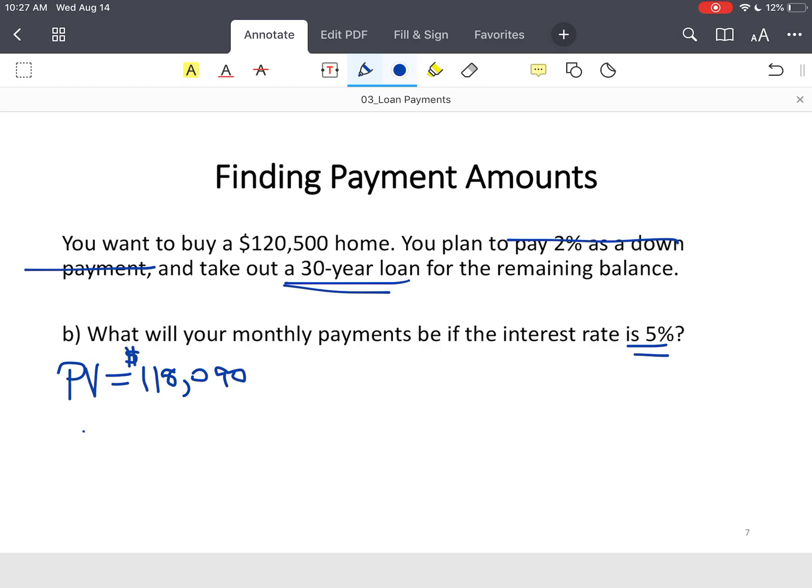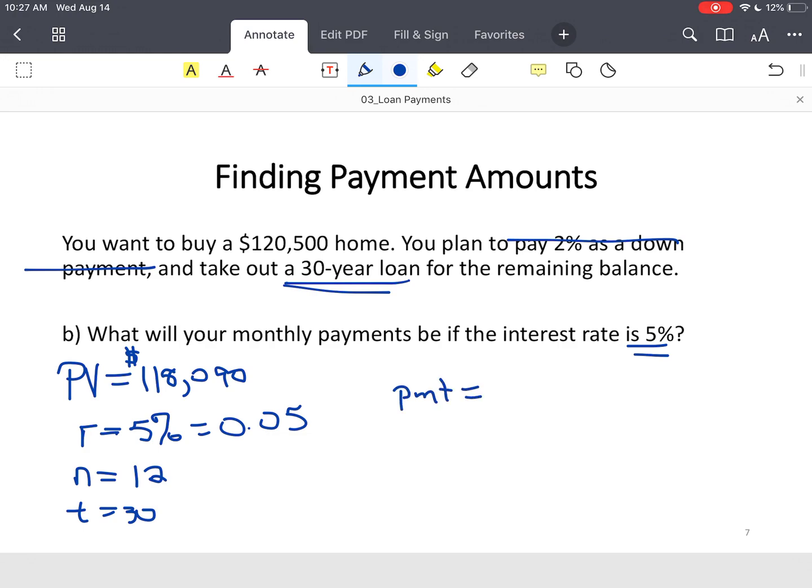All right, our interest rate is 5%, or 0.05. Compounding periods is 12. And time in this case is 30.